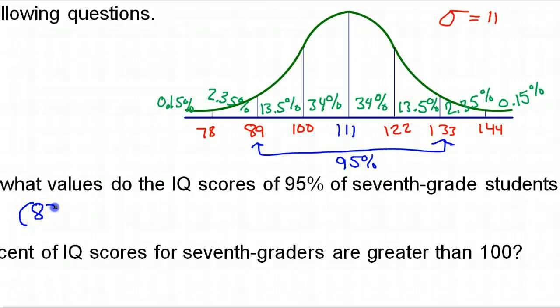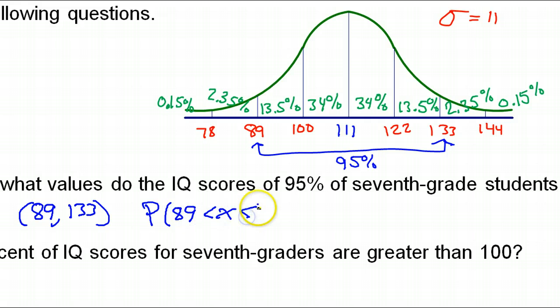And I could write it as an interval, 89, 133. Or I could write it using an inequality. I could say the proportion of x's between 89, so 89 is less than x, which is less than 133, is equal to 95%.